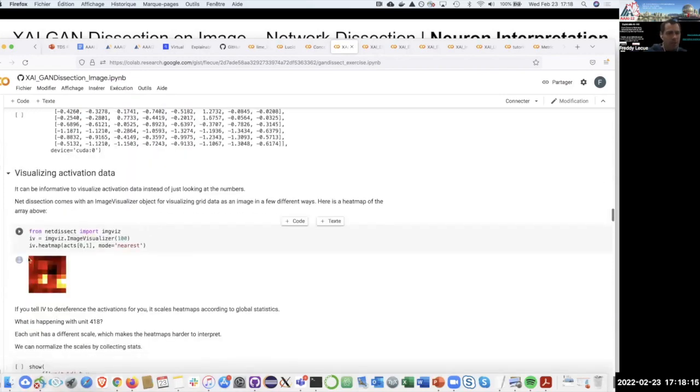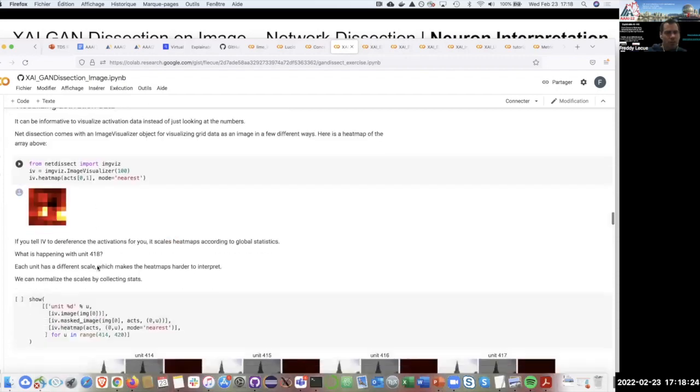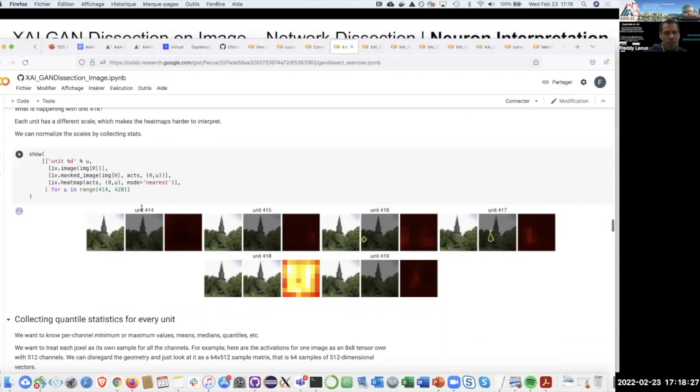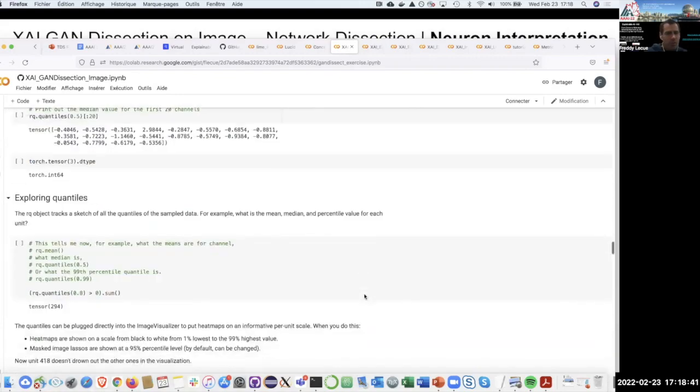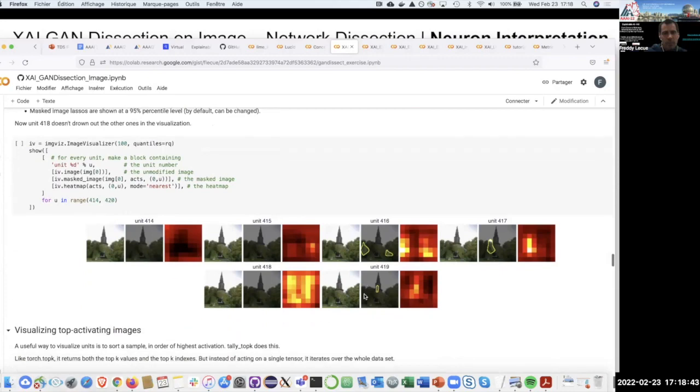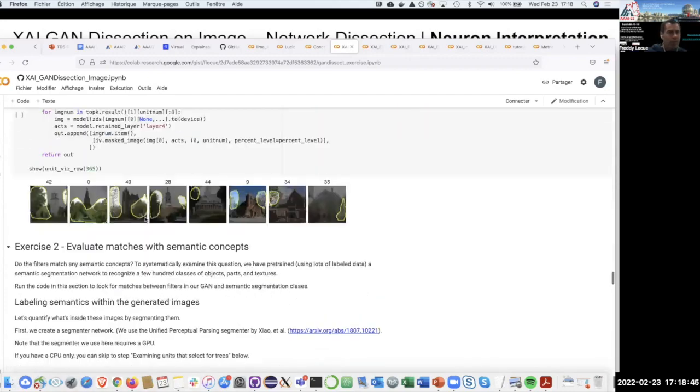And here it shows the image activation that you have for a particular class, and based on the different units, which concept, they show the importance of which part of the image. Over here, you see the different classes.